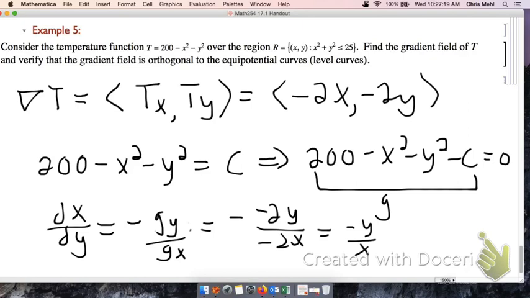And now you can find a vector that's tangent. So remember, the numerator is thought of as the change in the x direction, and that denominator is the change in the y direction. Okay, so if I was on the curve and I wanted to find a tangent vector, minus y is the change in x, and x is the change in y.